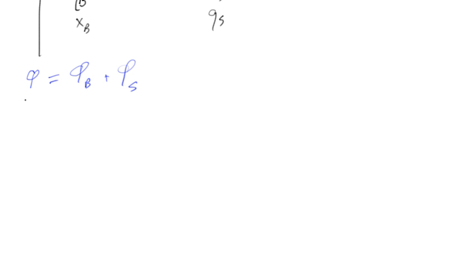That would be 0 is equal to K QB over RB plus K Q sub S over R sub S. And the K's cancel.